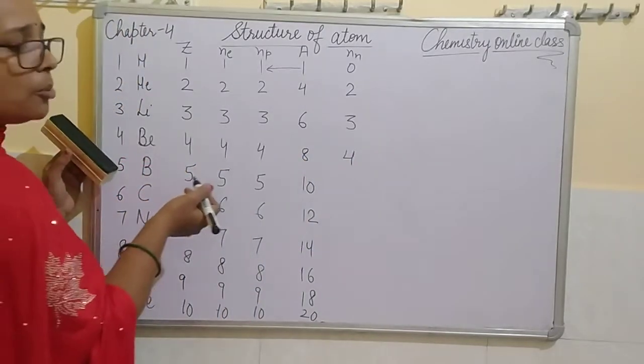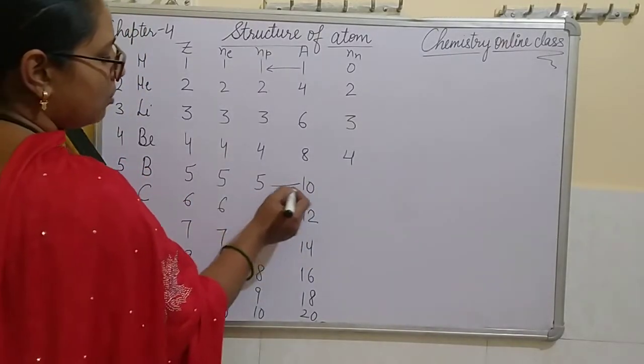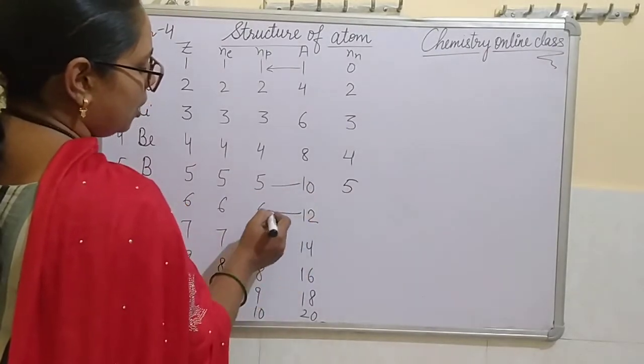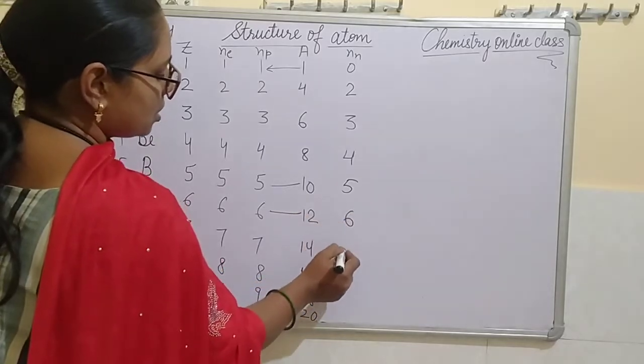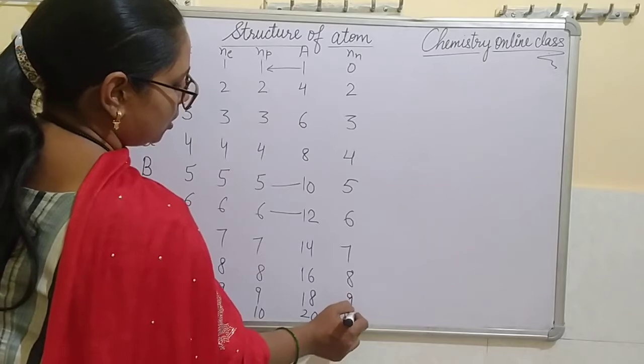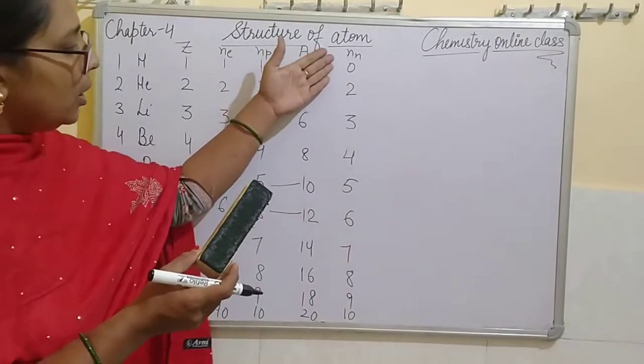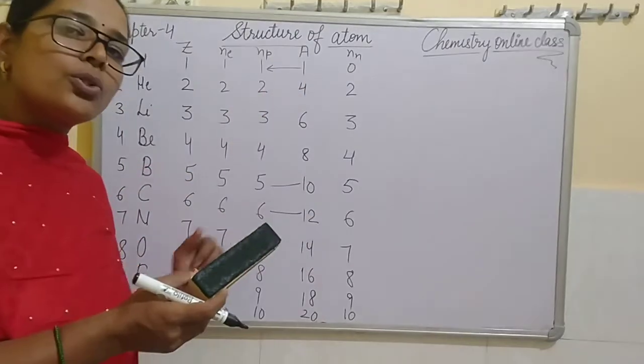In beryllium the atomic mass is 9 also, so we can write here 5. So 10 minus 5 it is 5. 12 minus 6 it is 6. Then 7, 8, 9 and 10. In this way we can calculate the number of neutrons also.